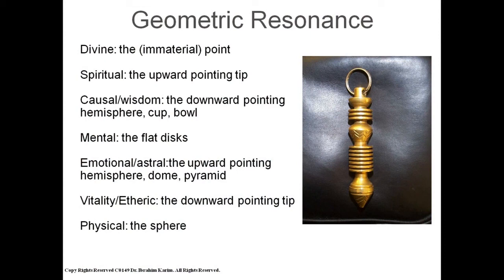The shape that connects to what's often referred to as the astral plane, that is actually the source of the human emotional body, is the form of a hemisphere or a pyramid. So that these geometric forms have multiple aspects to them, and so one of those is that it connects to a very specific aspect of the subtle worlds.